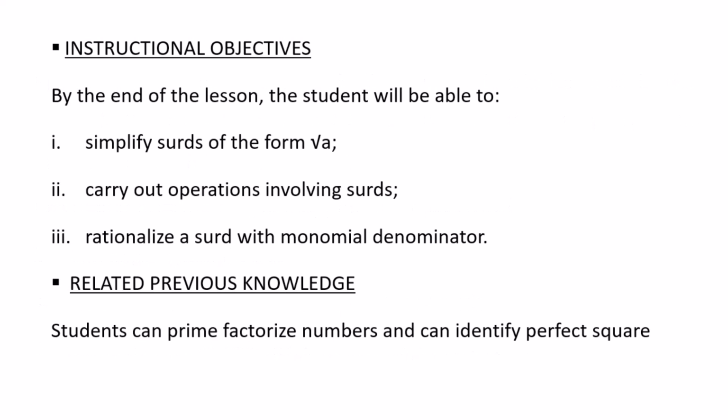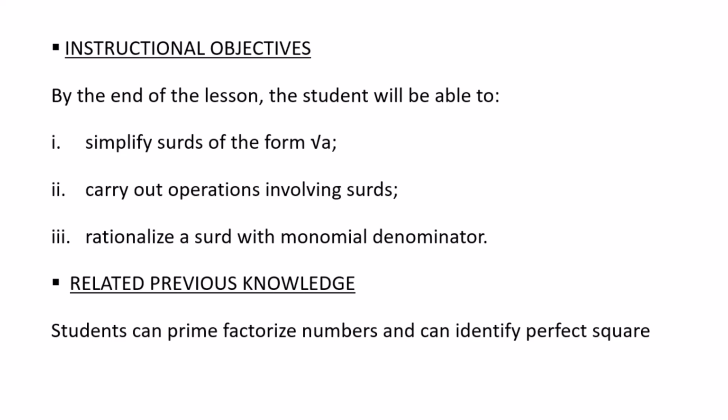Then you have the instructional objective. You say by the end of the lesson, the students will be able to, and state your objectives. 1, simplify surds of the form root A. 2, carry out operations involving surds. 3, rationalize a surd with monomial denominator.